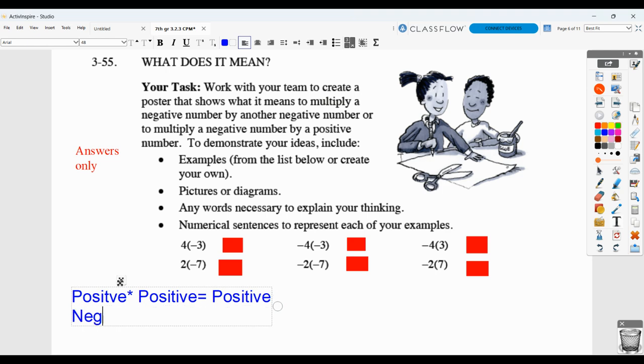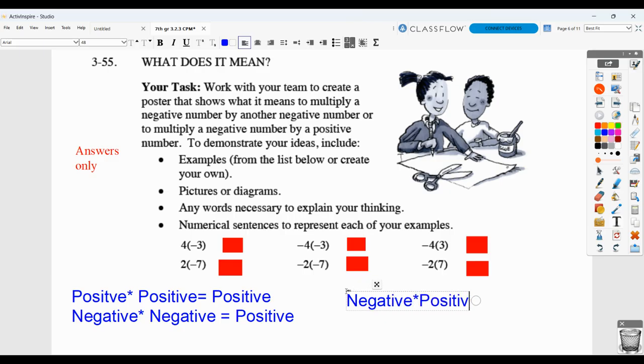A negative times a negative will equal a positive. And if we have one of each, negative times positive or positive times negative, it will equal a negative.